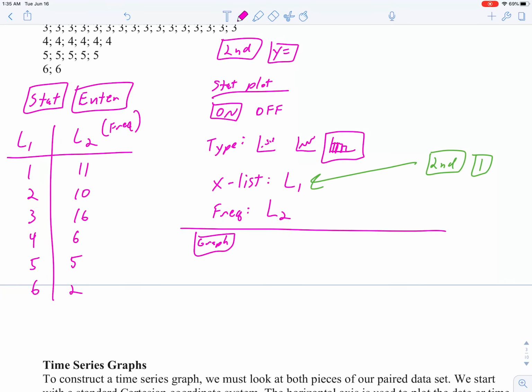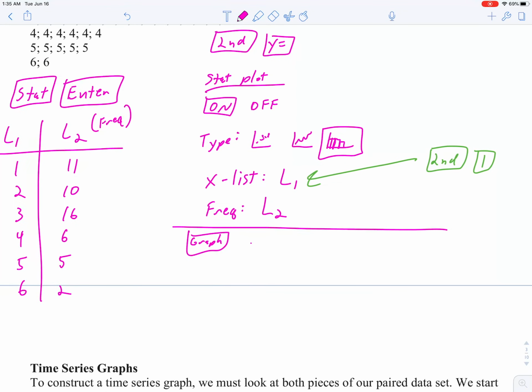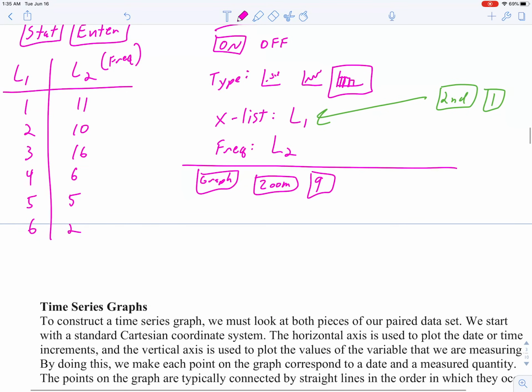If it doesn't work still, what usually helps is you hit the zoom button, which is in the very top center of your keypad. Hit zoom and then the number 9 button, and you should see the histogram. So I'm going to draw a very rough version of this histogram here, just to show you the shape. It should look something like this.